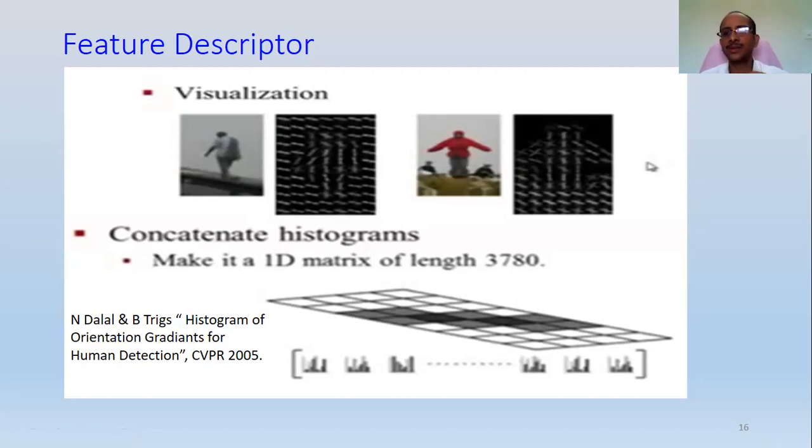A 100 cross 100 image will become 10 power 4 cross 1 vector. Is that the suggestion you are giving? Or how should I represent the edges is the next question. How far in terms of a vector to give it as an input to a classification algorithm or a machine learning algorithm.